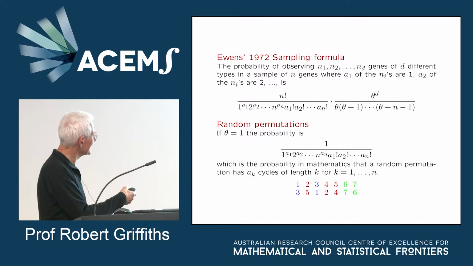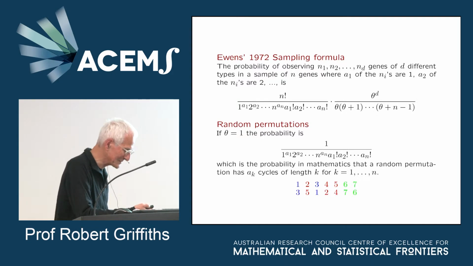So the general formula is factorial n divided by 1 to the A1, 2 to the A2, up to n to the An. Of course, 1 to the A1 is 1, but we put it in just to make it tidy. Then A1 factorial up to An factorial, theta to the D, where you've got D different types, on the product of these values here.